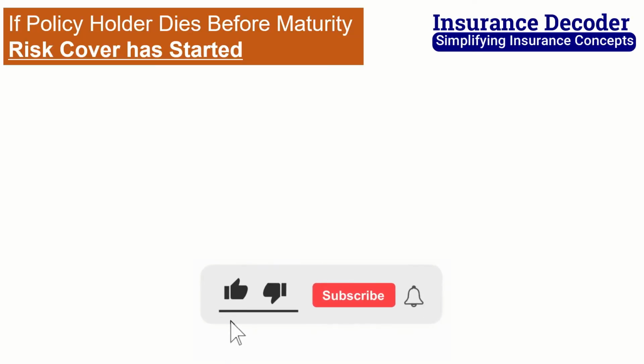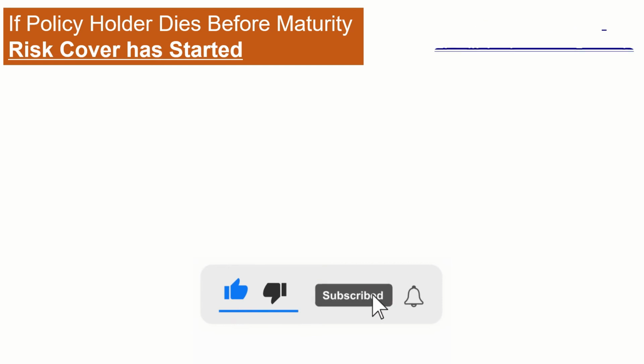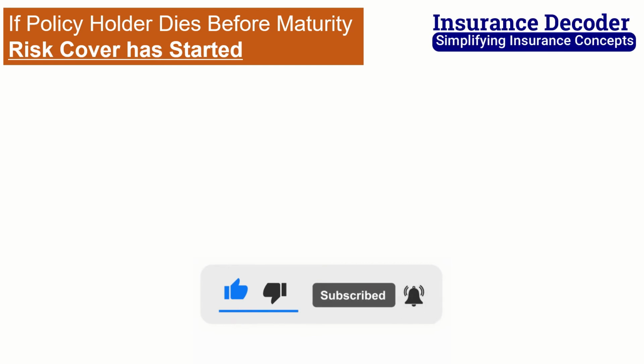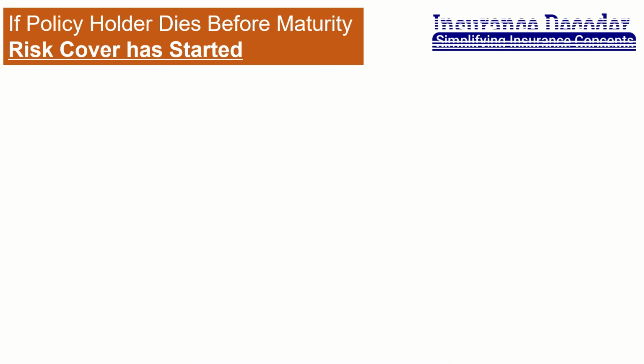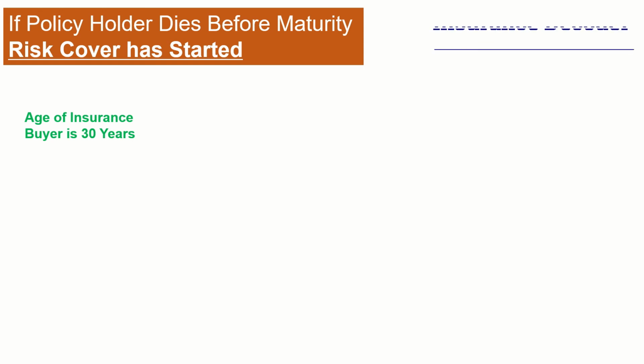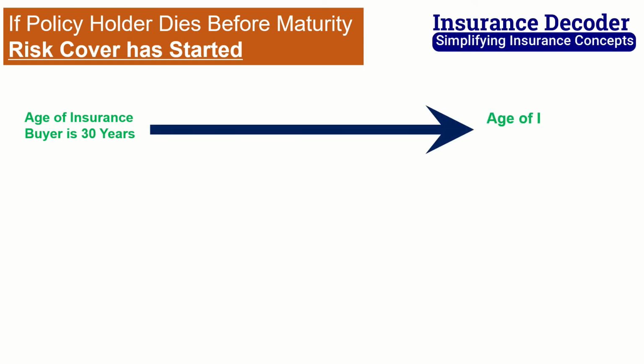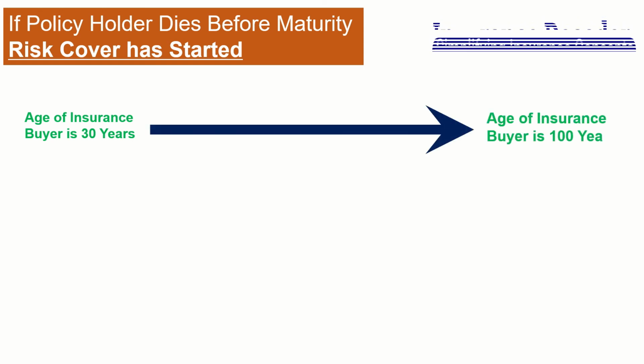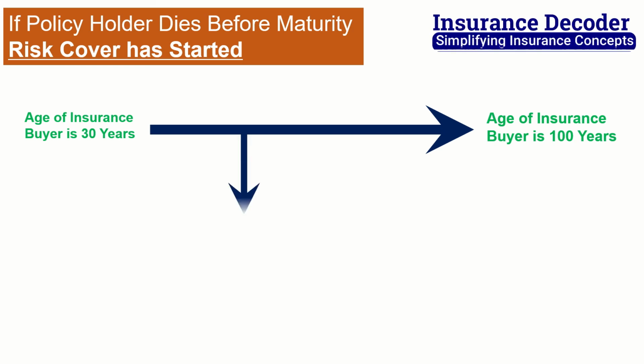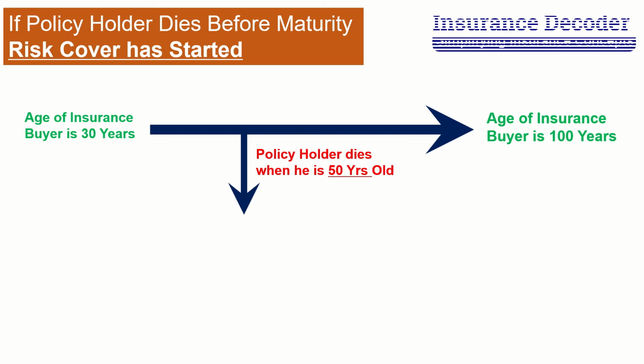Let's see that in the first case, if the policy holder dies before maturity and risk cover has started, that means the person is above 8 years or he has been in the policy for 2 years. So the age of the insurance buyer is say 30 years, and the policy will mature at age 100 years. So this person, the policy holder, dies when he is 50 years.